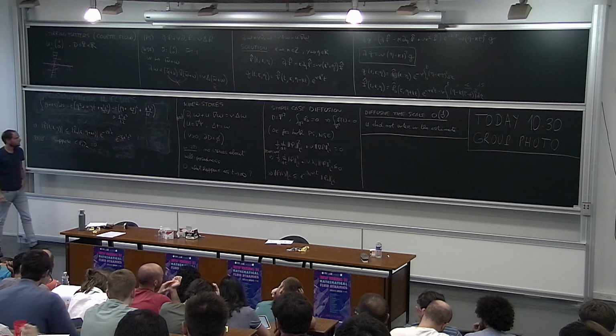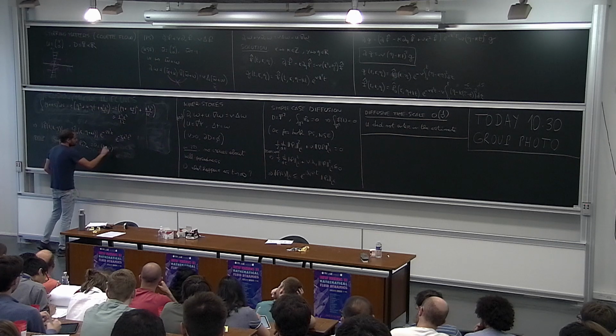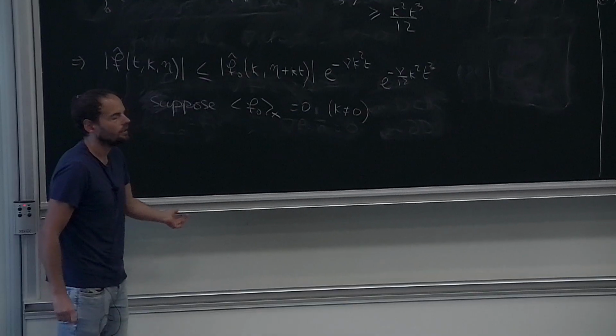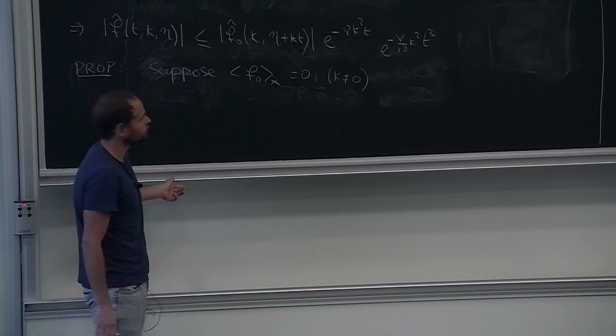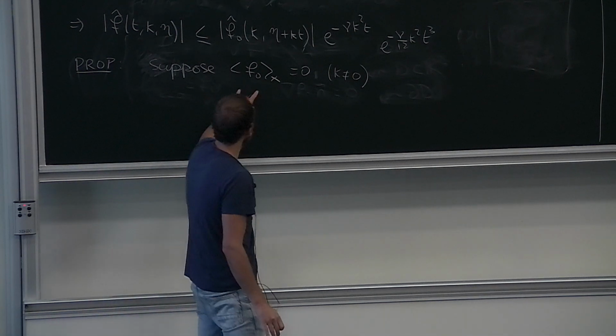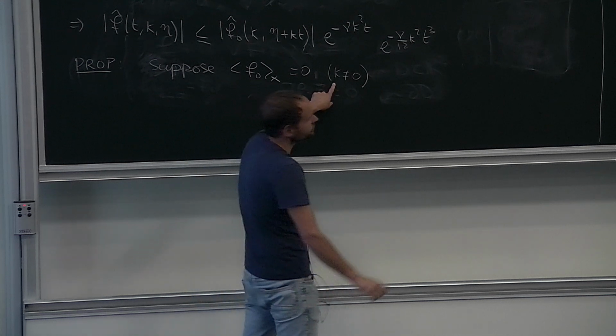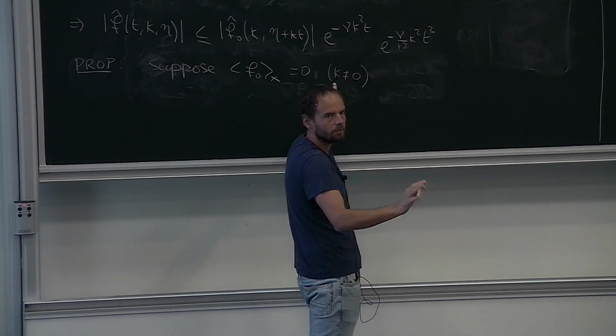This will be something that will always be true basically for shear flows, for everything I say. Suppose that you don't have any x average. This translates into Fourier that k can never be 0.